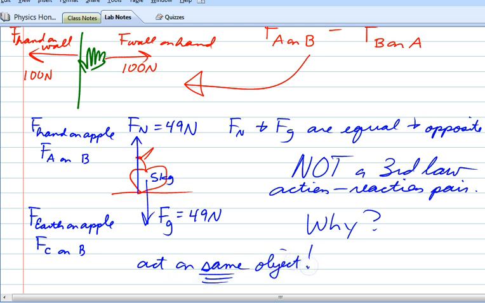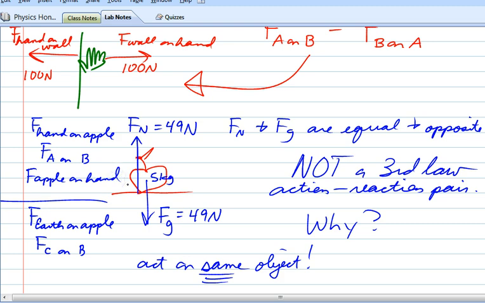That's the key: in order to have a third law pair, the forces have to act on different objects.